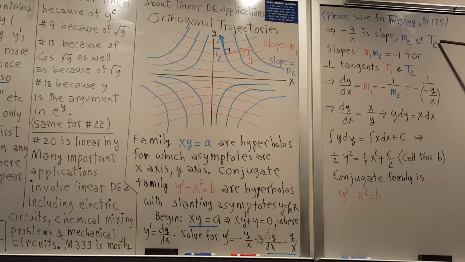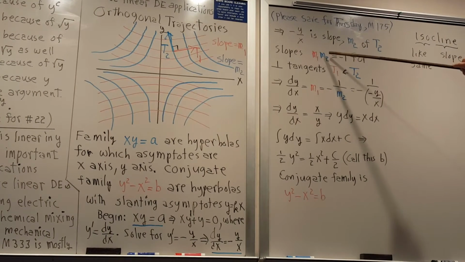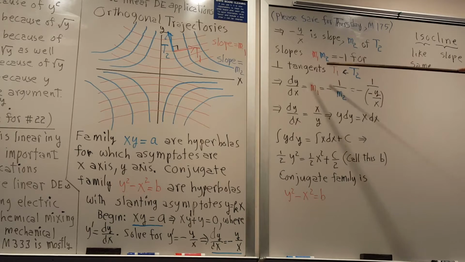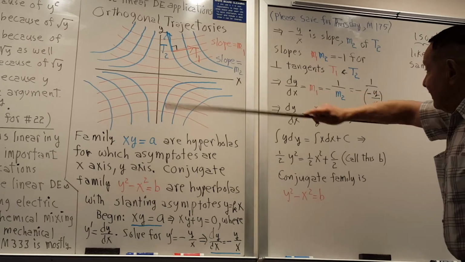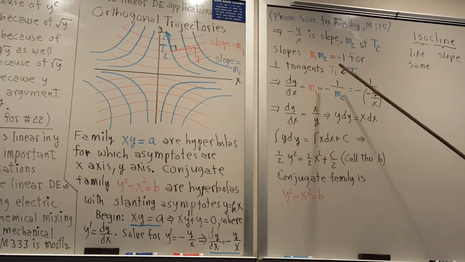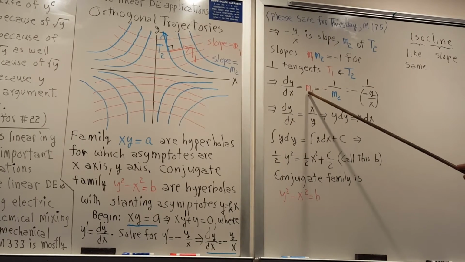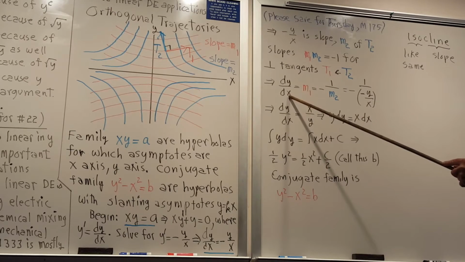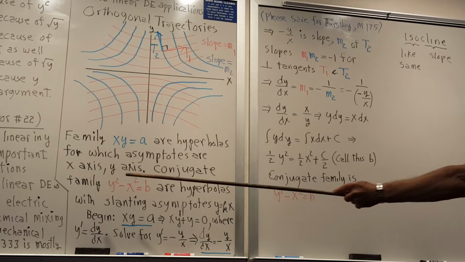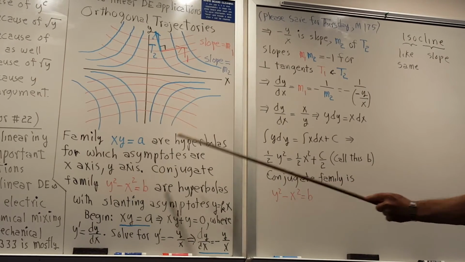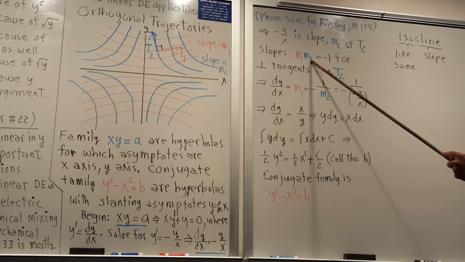And the slopes M1, M2 multiply to -1 because they are at right angles. And so that says that M1, which is dy dx for the second family, the family for which I'm trying to prove this is its equation, would be -1 over M2 for the first family.